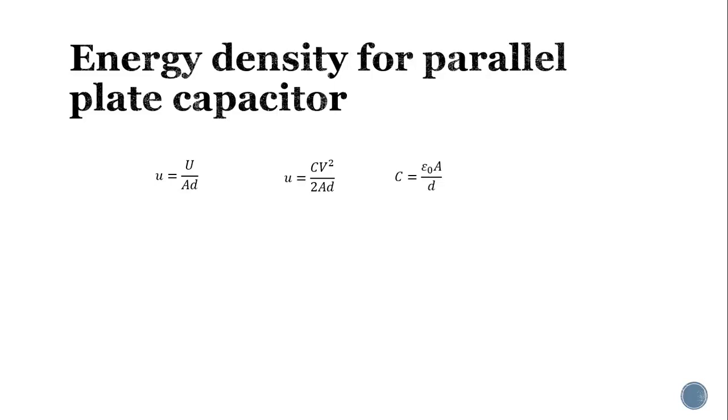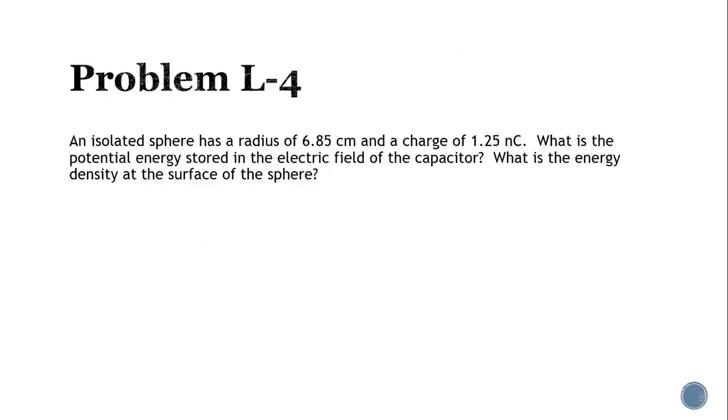I know C is related to epsilon naught A over d, and so if I plug those things in, I see that it's related to V squared and d. I also know that E is related to V and d, and so I can also write the energy density in terms of E, so that the electric field and the energy density are proportional to one another. What this means is that the energy is really stored within the electric field inside the capacitor.